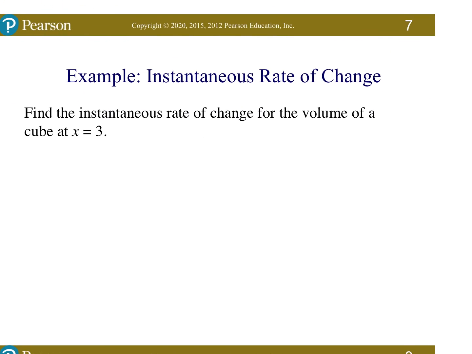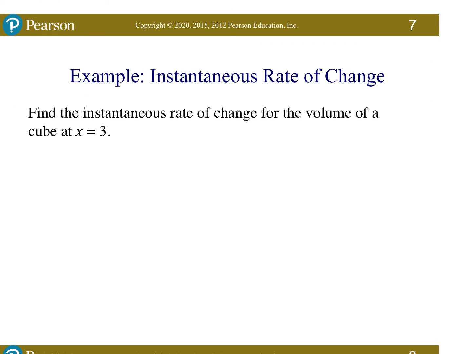All right, let's try another one. Find the instantaneous rate of change for the volume of a cube at 3. Now there's no equation here to work with. You're going to have to make your own equation. Okay, your equation for the volume of a cube is x cubed.